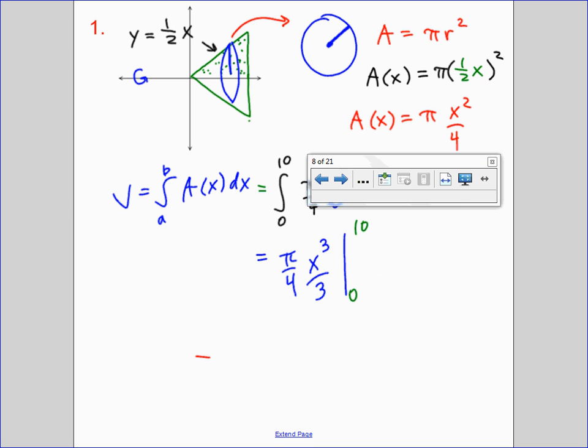So here we go. We'll put the pi over 4 out front so I don't trip on it. My upper limit all the way through would be 10 cubed over 3, which is 1,000 thirds, minus my lower limit all the way through, which would be 0.